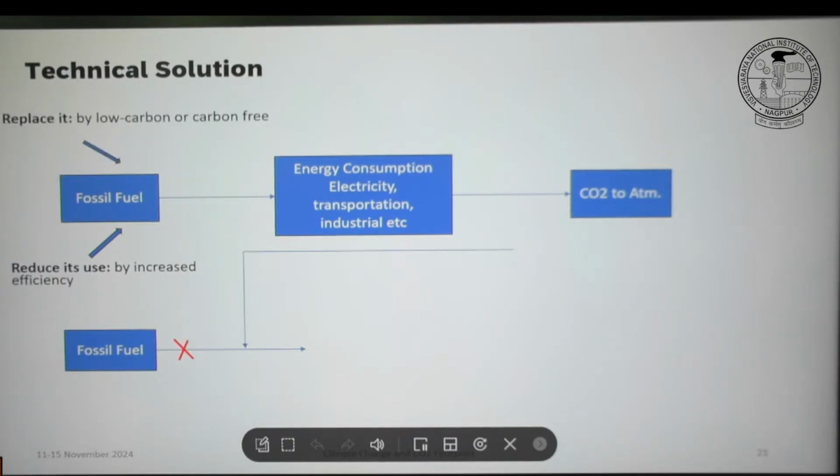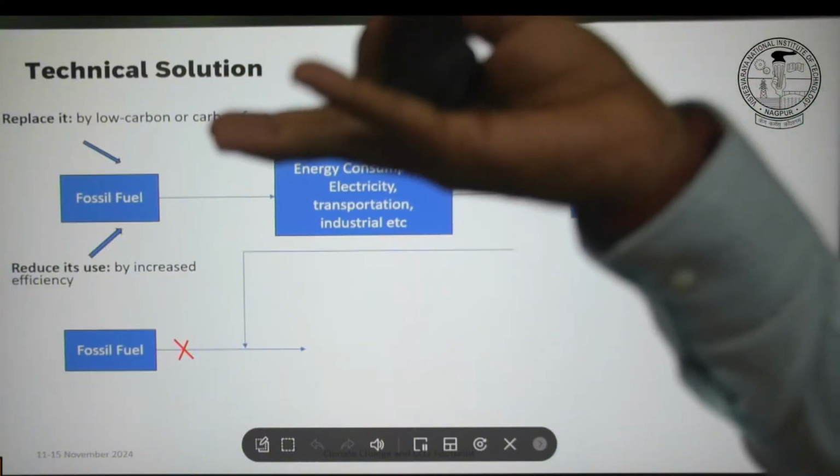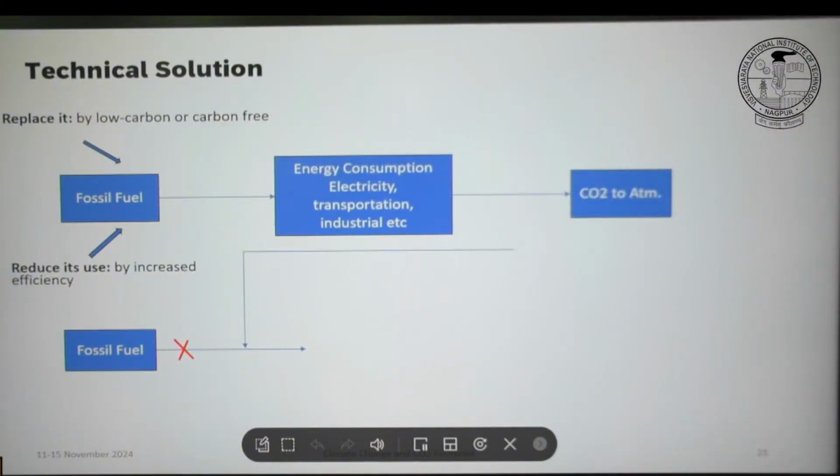The next one would be replace it. We already saw in earlier slides, if we go from coal-based power production to natural gas-based power production, we already reduce CO2 emission by 50%. So the next step would be replace it. And if we move even further from natural gas to hydrogen, it's like zero carbon, so from low carbon to carbon-free energy sources.